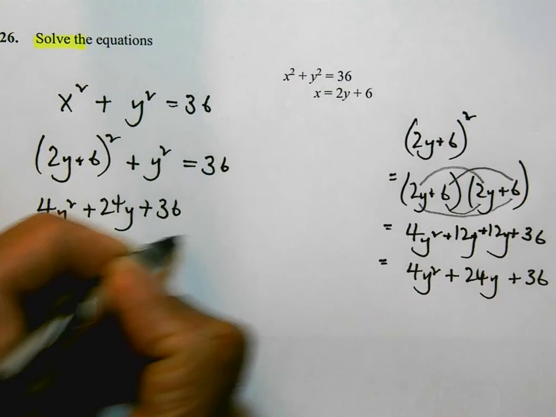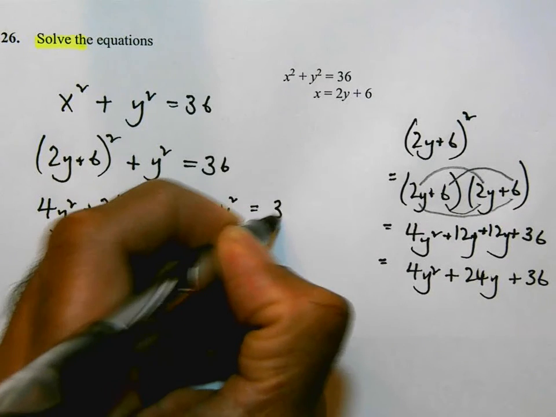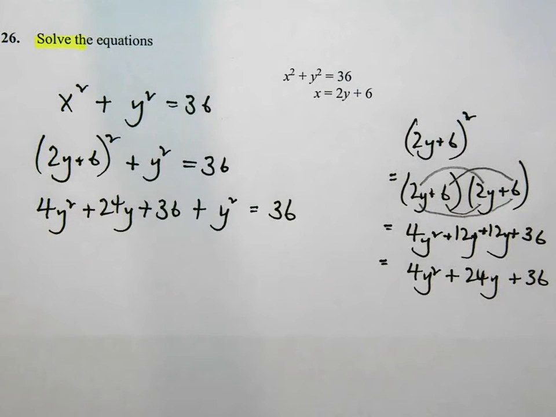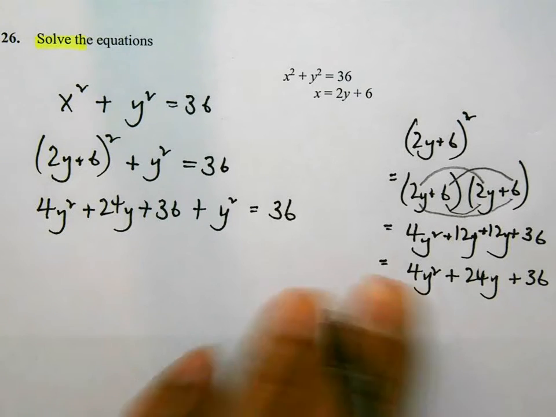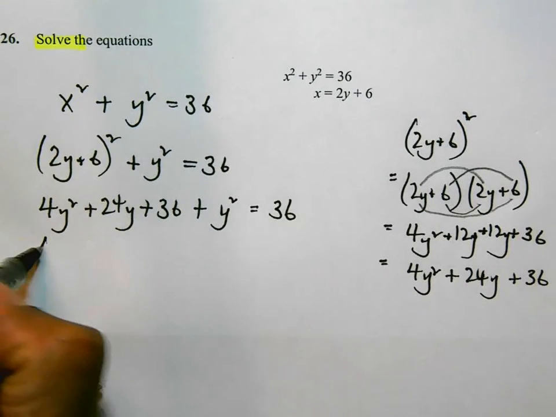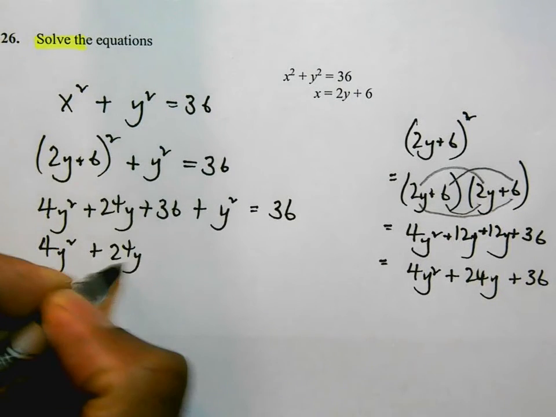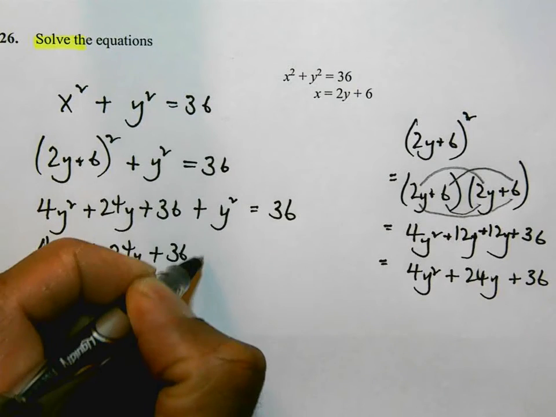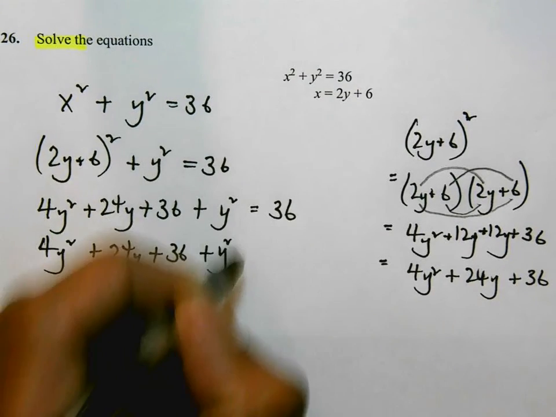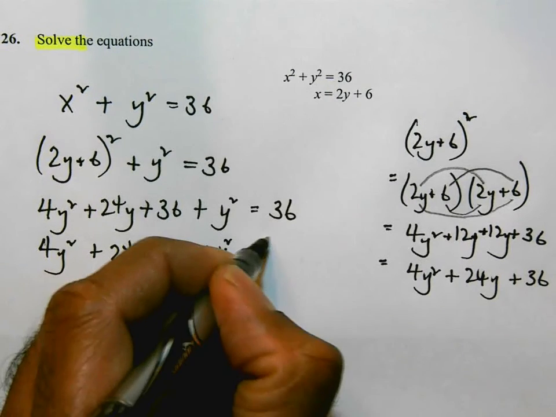Let's bring everything over to one side and then collect together like terms. So in my next line I'll have 4y squared plus 24y plus 36 plus y squared. And if I get rid of that 36 there, I need to minus 36 onto the left hand side, and I'll have 0 there. Because I'm eventually going to solve this, let's tidy this up. How many y squareds have I got?